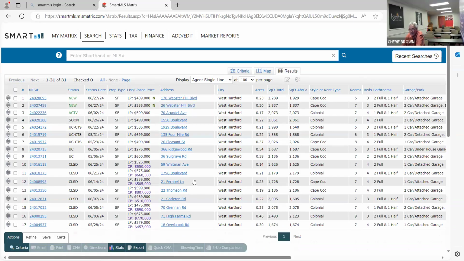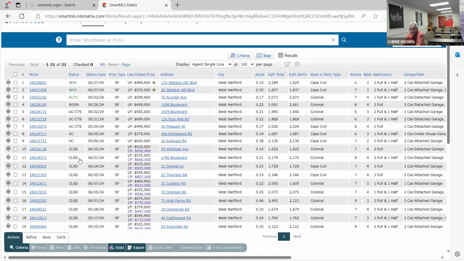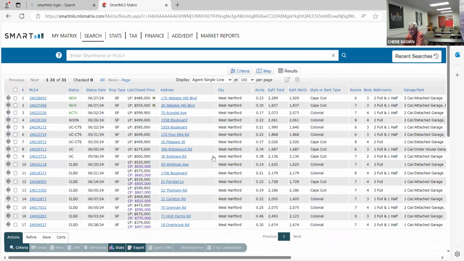All right, so we have one there, and let's go down to the under contracts. Cape Cod. Pleasant.